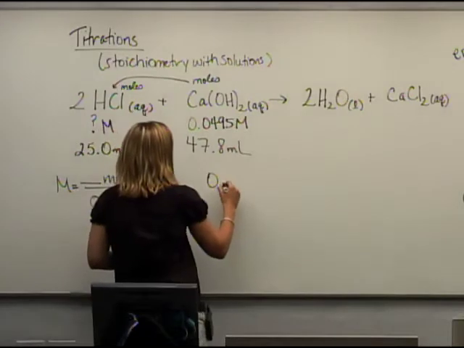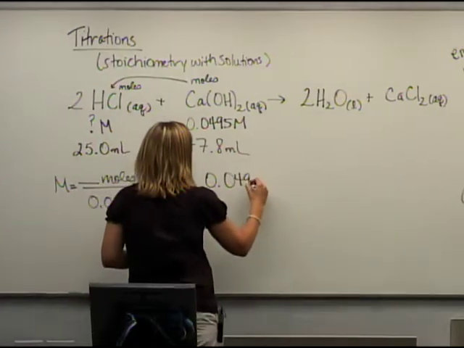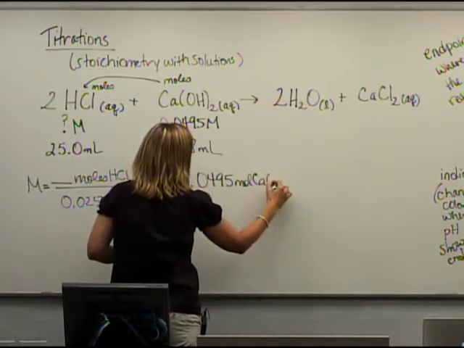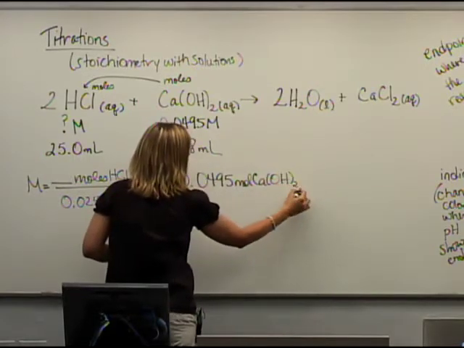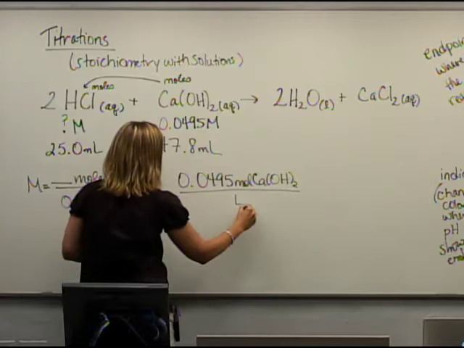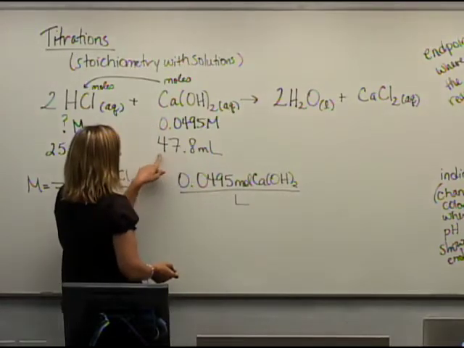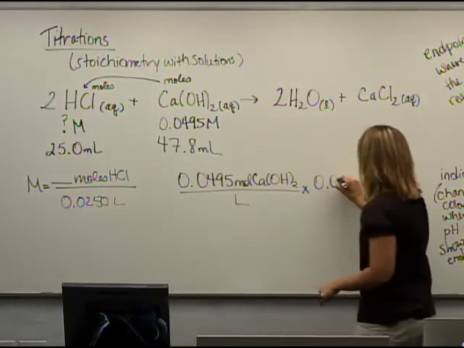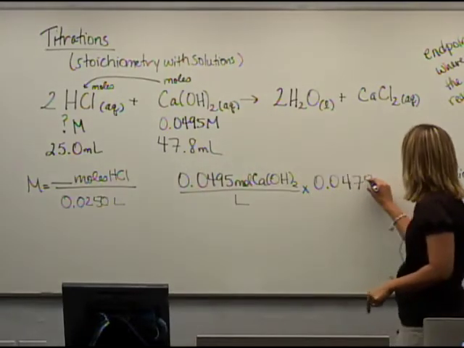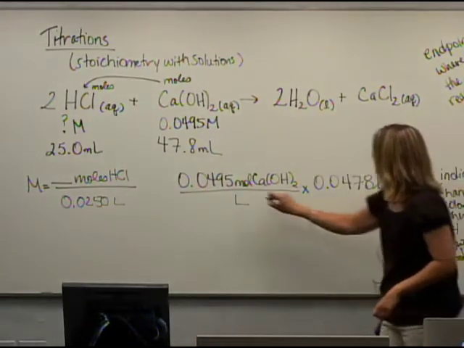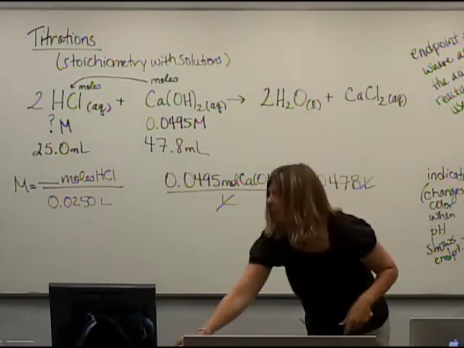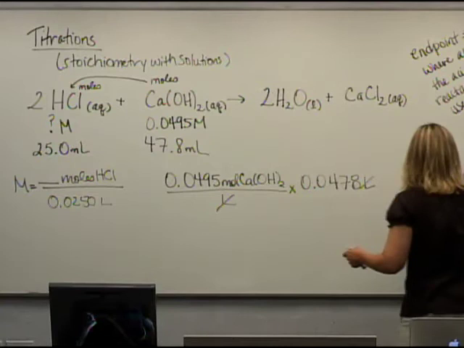So if I start with 0.0495 moles of calcium hydroxide per liter, and I'm using 0.0478 liters of that solution, if I multiply those two numbers, I know at that point the moles of calcium hydroxide that were reacted.